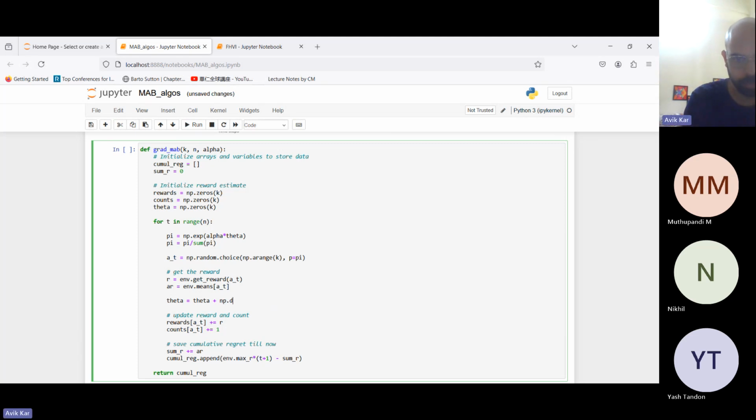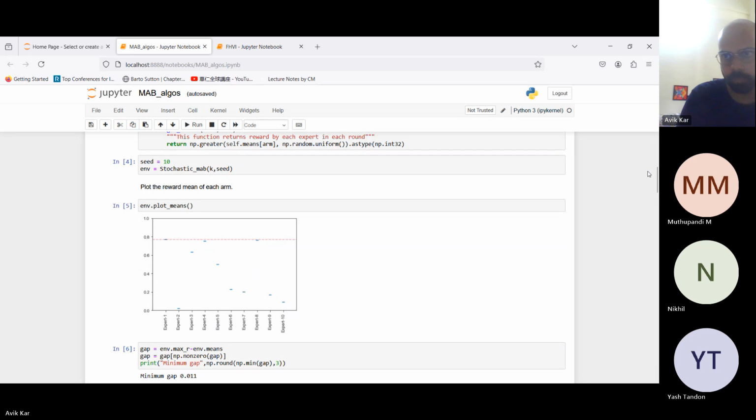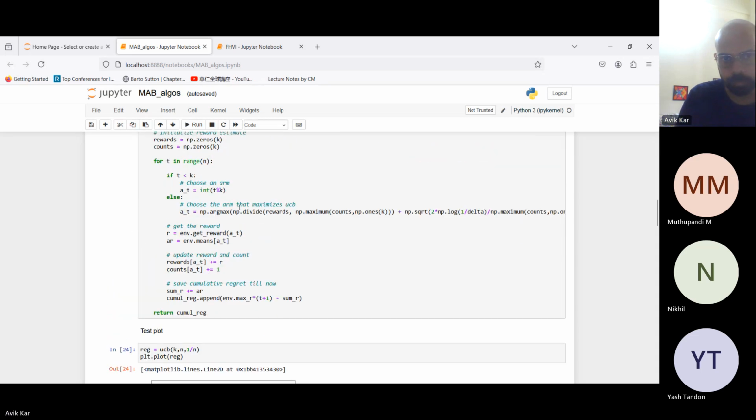There are two vectors we have to multiply and then sum up. One vector is the estimate of the mean. The estimate of the mean is basically the sum of rewards divided by count, right? I think we have already written that somewhere. Yes, this one.